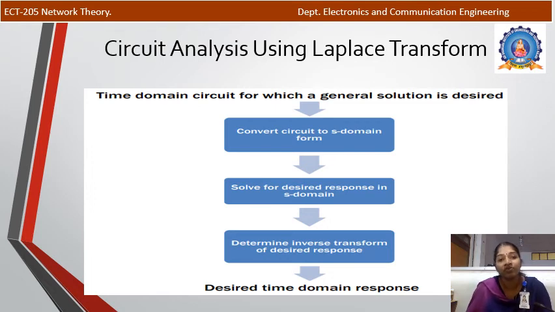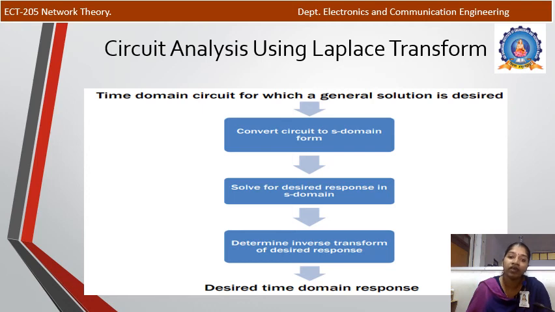So what we have to do in circuit analysis using Laplace transform is, first we have a time domain circuit, and in order to find a general solution we first convert the circuit into the S domain. How this conversion takes place, we already discussed. R, L and C are each changed: the inductance value is taken as sL, the capacitive impedance as 1 by sC, and the resistance as such, that is R itself.